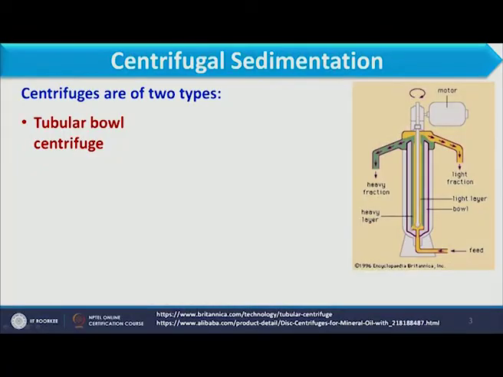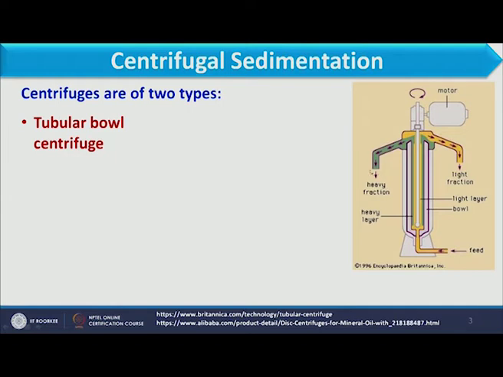At the periphery of the tubular bowl a heavy layer is formed due to the particles, which is collected at the top, and the lighter liquid available inside the layer of heavy material is collected from another path.